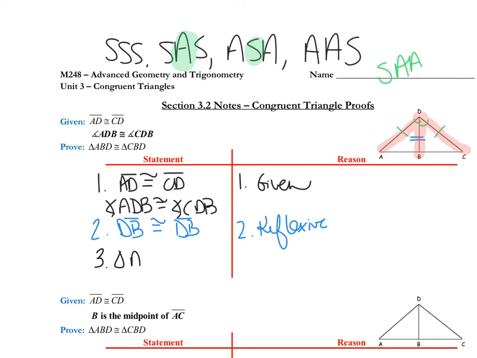So triangle ADB is congruent to triangle CDB. Remember that order matters. Okay. And then also, I think it helps to write down the steps that you found it to be congruent. So we got the side from step 1, we got the angle from step 1, and we got the other side from step 2. So 1, 1, 2 to prove it true.